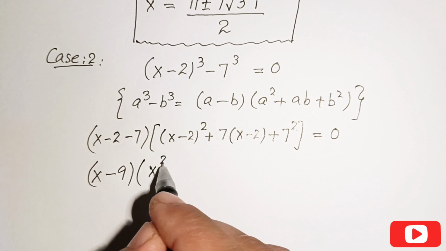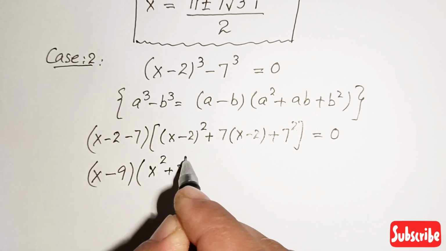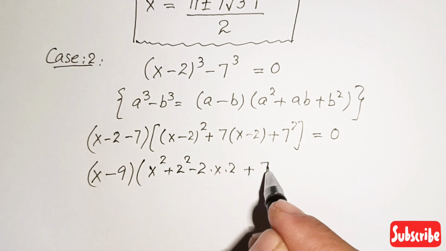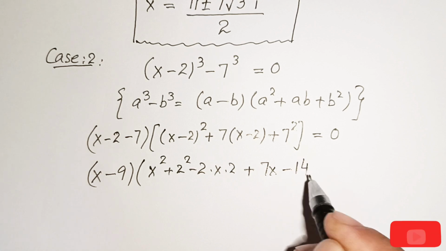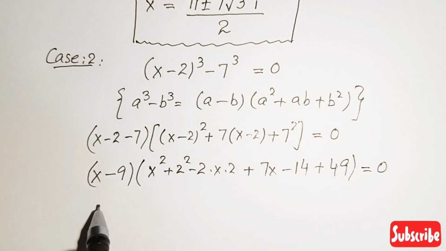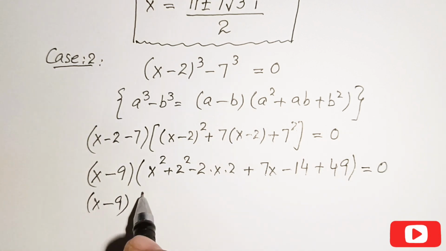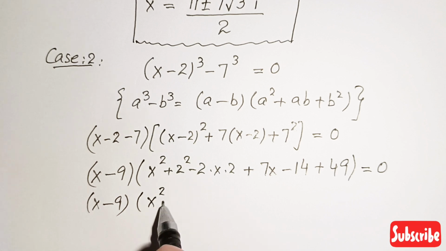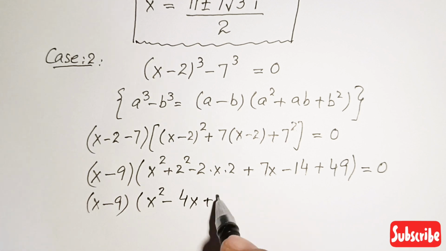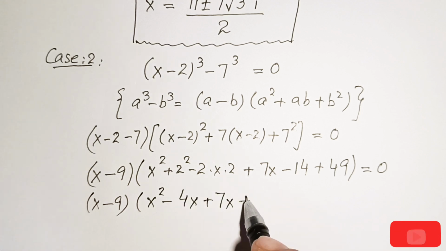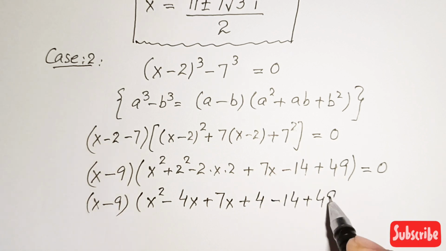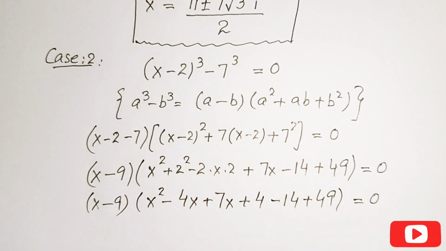Here x squared plus 2 squared minus 2 times x times 2, and plus 7 times x is 7x, minus 14 plus 49 is equal to 0. Now (x minus 9) times (x squared minus 2 times 2 is 4x, plus 7x, plus 4 minus 14 plus 49) is equal to 0.